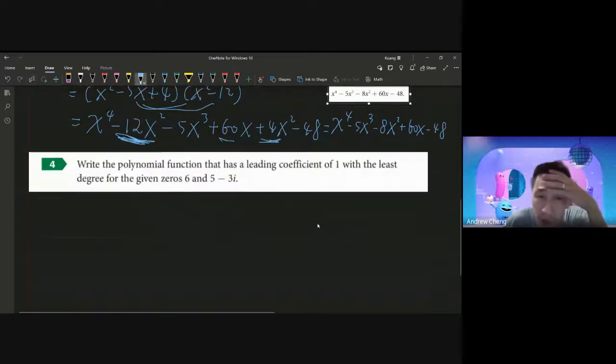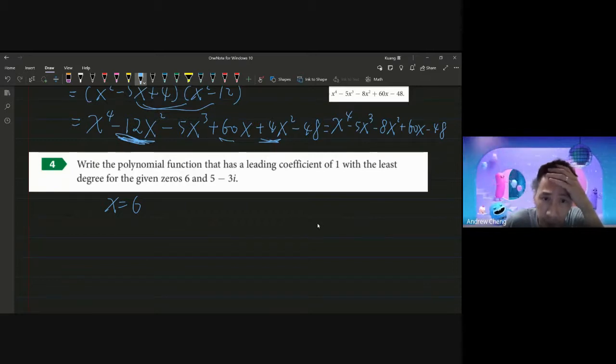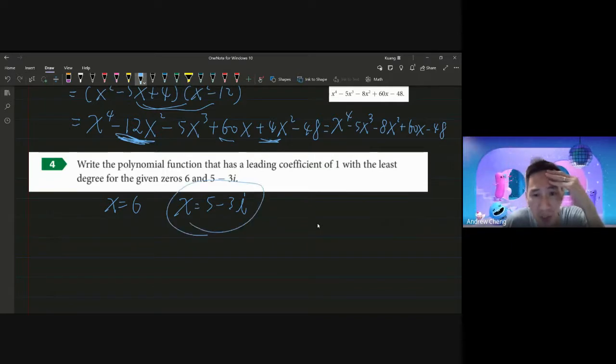So let me see another example. You have two roots: x equals 6 is a zero of the polynomial function, and x equals 5 minus 3i is another zero. This is a rational root, so a single one is okay. But this is an irrational root, and irrational roots always appear in pairs. So it must have the other root.